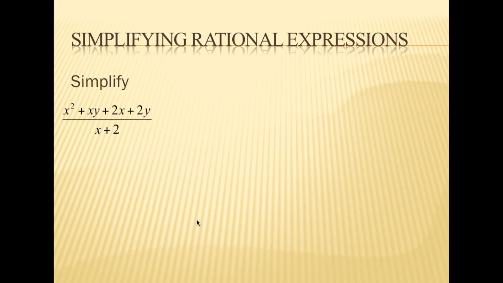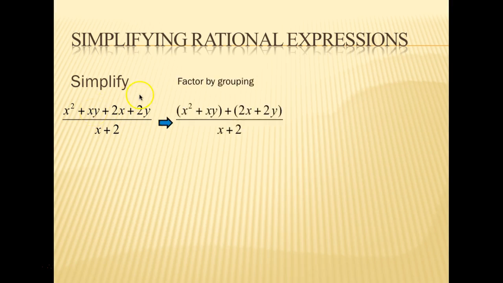In this case, because I have 4 terms in my numerator, remember we want to factor our numerator and factor our denominator. But because I have 4 terms in my numerator, I want to factor by grouping. And then notice, what can I factor out of the x squared term and the xy term? And then also, what can I factor out of 2x and 2y?